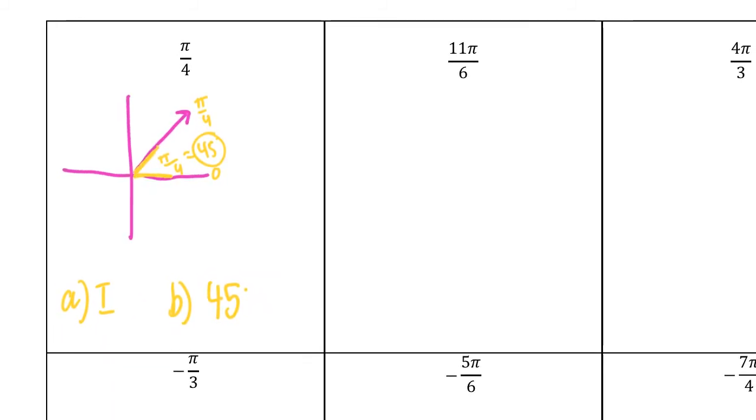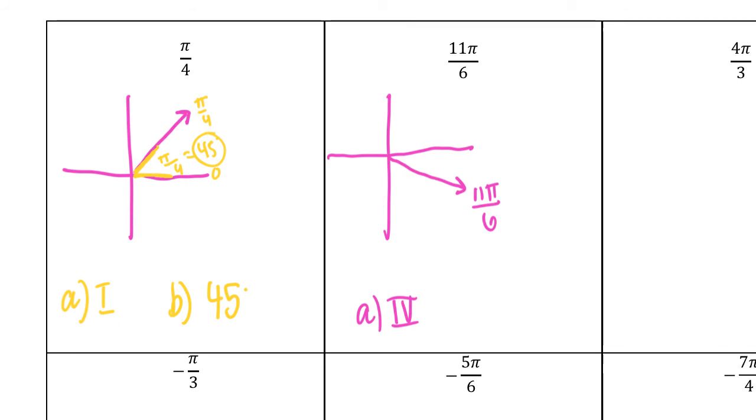Take a second, check out your unit circle, and figure out where 11 pi over 6 is. You should notice that it lands in the fourth quadrant from your unit circle.